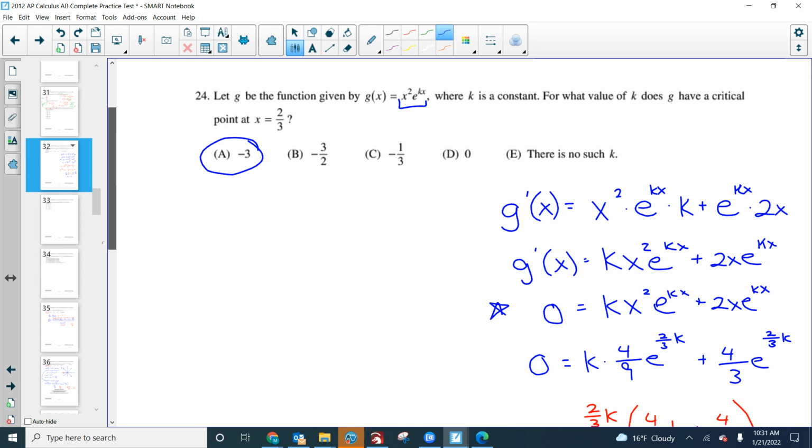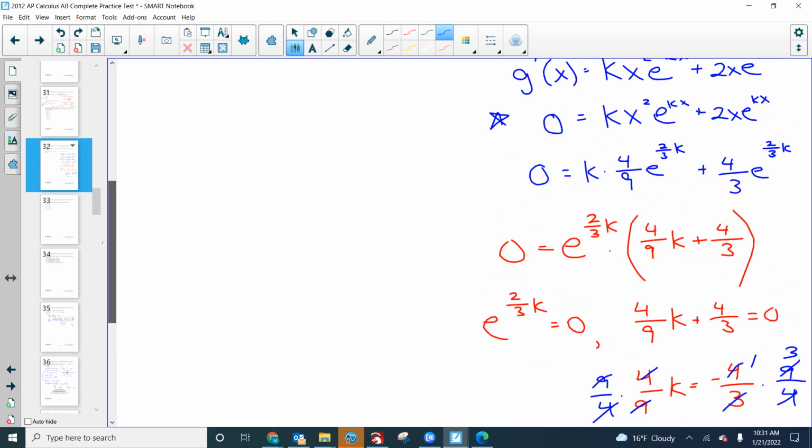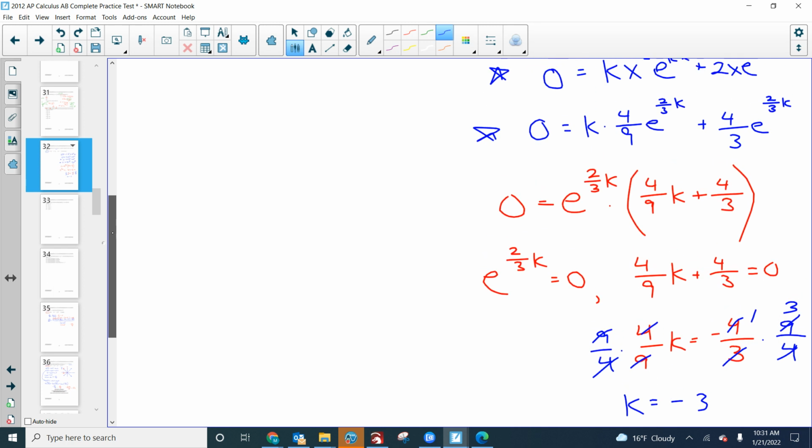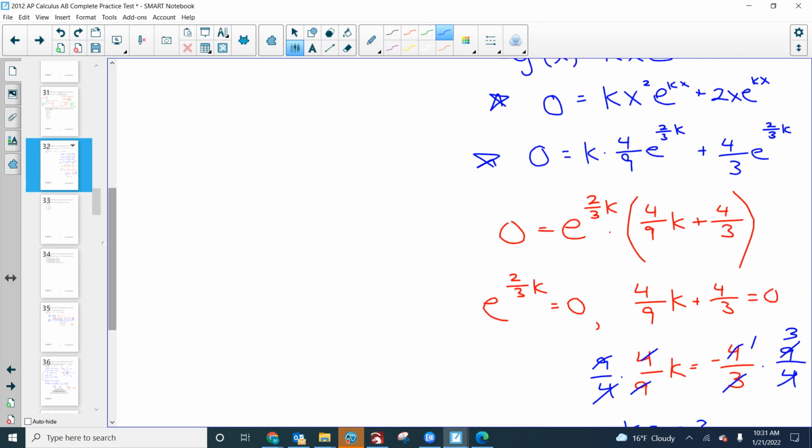What do you guys think? So, when it's like 0 equals k times 4/9 plus 4/3, times e to the 2/3 k, that long one before you factored it out, I just subtracted over one of those terms and then divided by e to the 2/3 k.